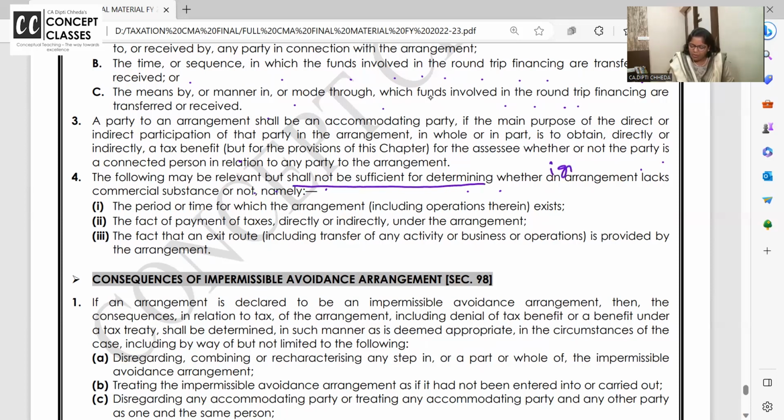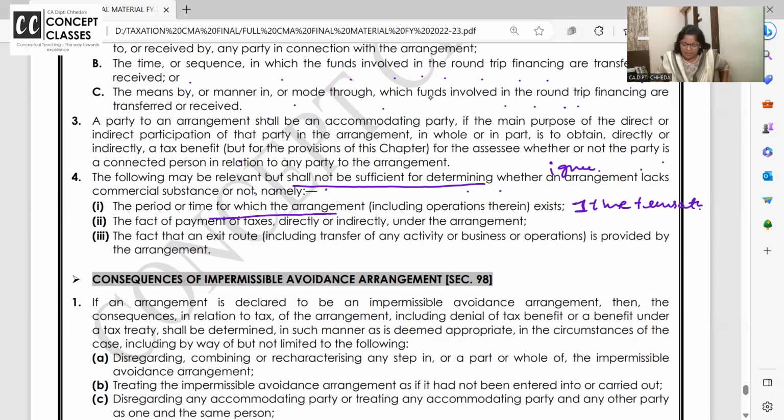Means we will ignore while checking the GAAR impermissible avoidance arrangement, commercial substance है कि नहीं: the period or time for which the arrangement exists. मैम ये गार में कॉट अप होगा ऐसा लग रहा है, बट दिस इज ओनली वन टाइम ट्रांजैक्शन. राइट डाउन. ठीक है, वन टाइम ट्रांजैक्शन ही सही.